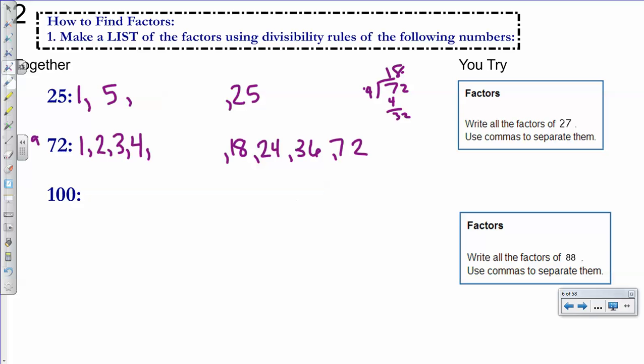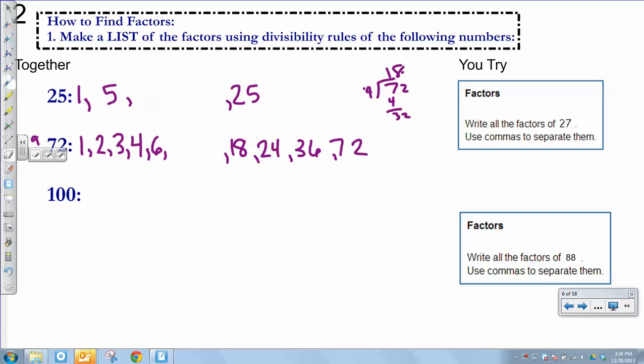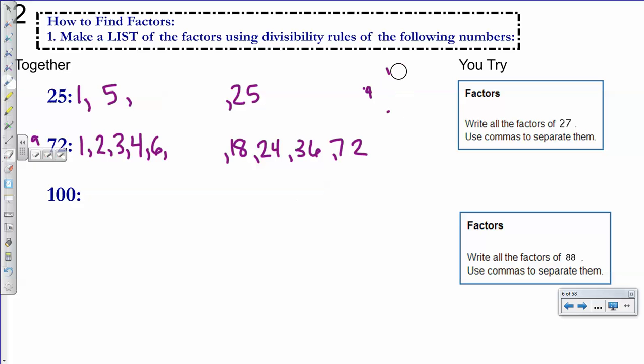5? Nope, because it doesn't end in a 5 or 0. But 6 I know is going to work, because I automatically have 2 and 3, right? But I don't know that multiplication fact off the top of my head, so I'm going to have to do that longhand real fast.